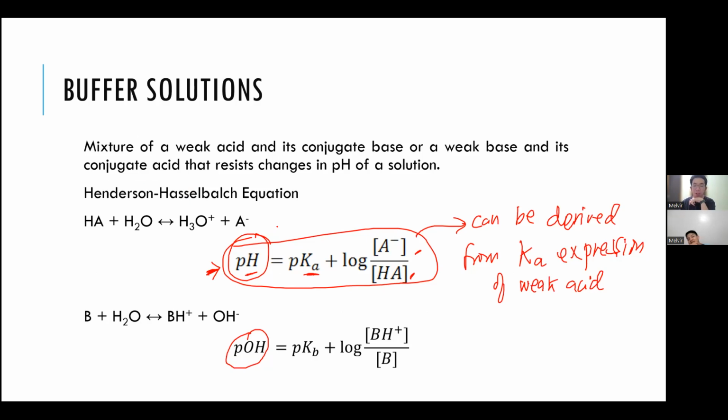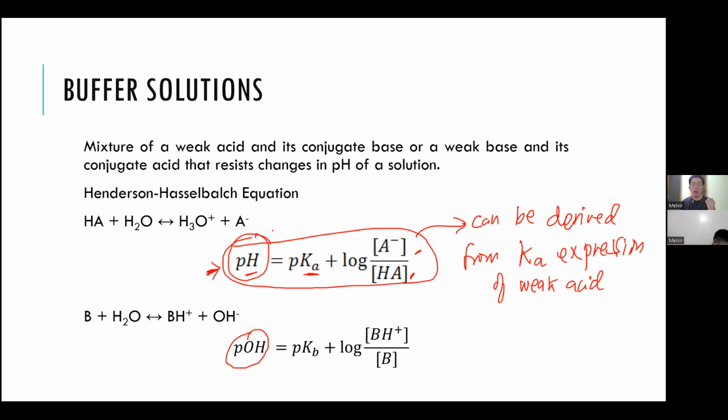Kailan strong ang buffer? Higher or lower concentration of your components, weak acids and conjugate base? Higher, siguro. Correct, tama. Higher concentration of your buffer components, it means they will have a stronger buffering capacity.